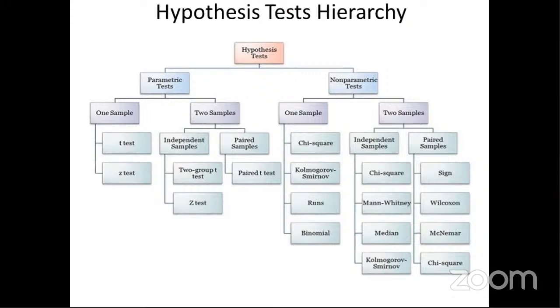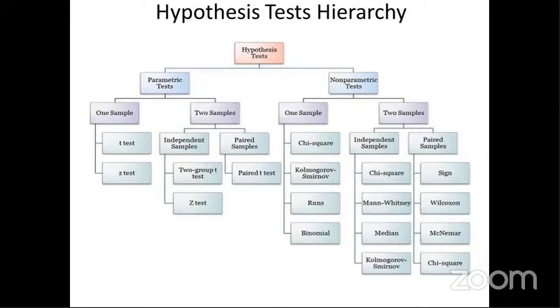For a test of one sample or test of 2 samples, you make comparison whether it is independent or paired. So you make use of t-test, and you can also use z-test for independent samples, especially if you are dealing with large population.